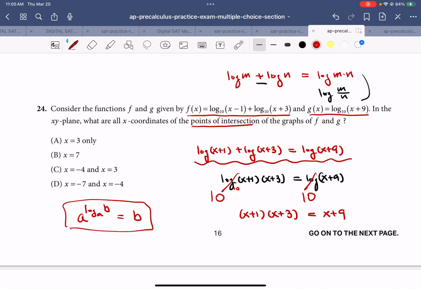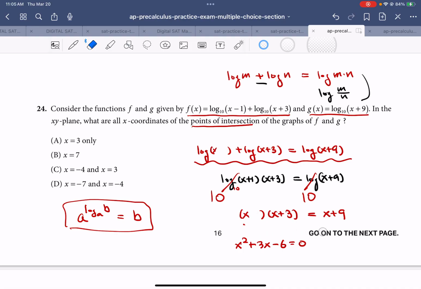Let's solve it. You multiply it out: x squared, then 4x, and 1 times 3 is 3, equals x plus 9. When you move every term to the left, x squared plus 3x minus 6 equals 0. Oh, actually, there's a little mistake there. It should be x minus 1, right?